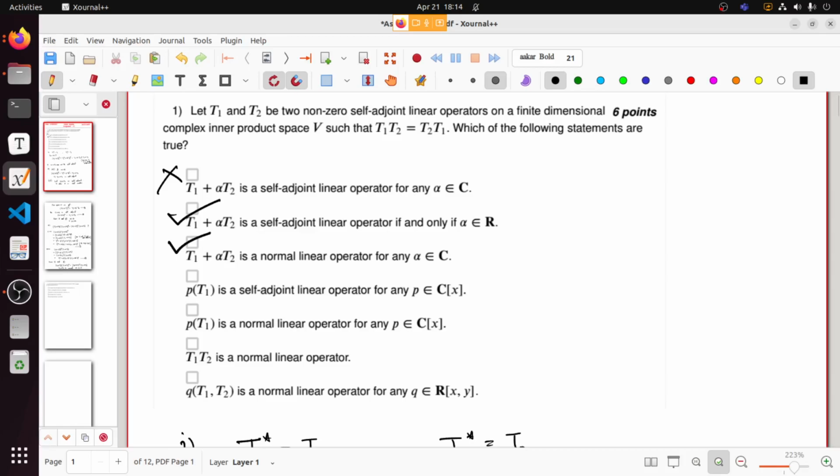Now what is option number 4? It's saying that P(T1) is a self-adjoint linear operator for any P belonging to complex polynomials, right? So let's see.